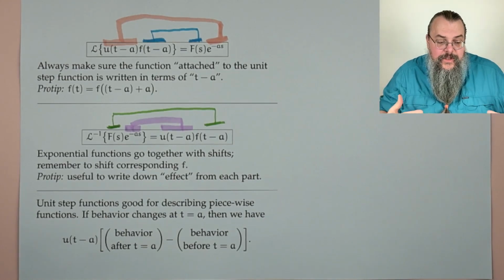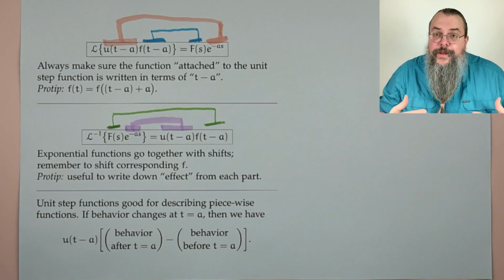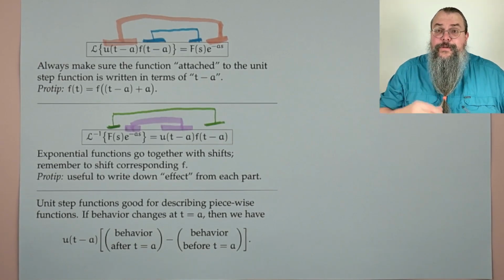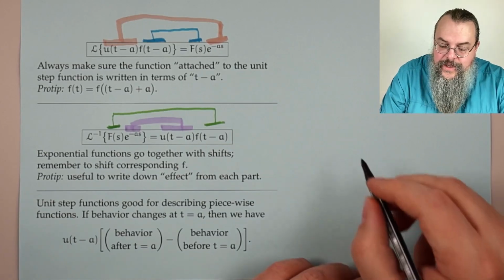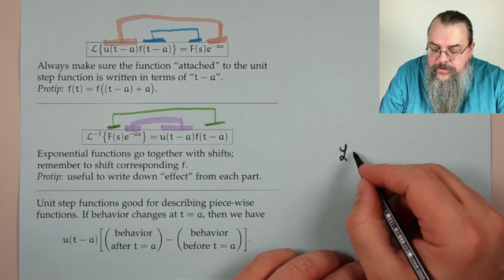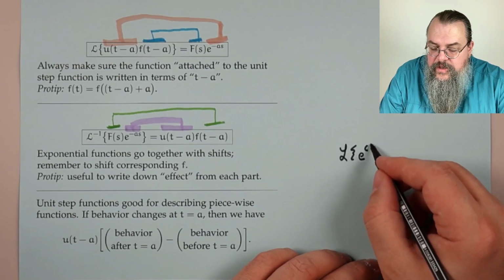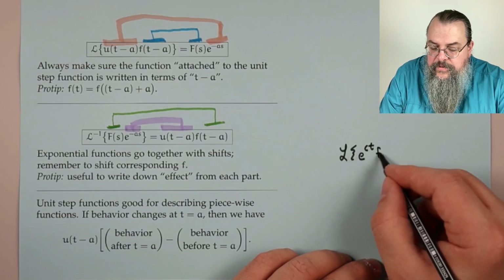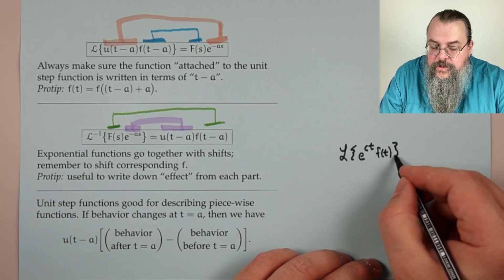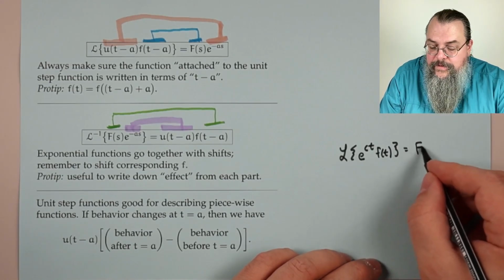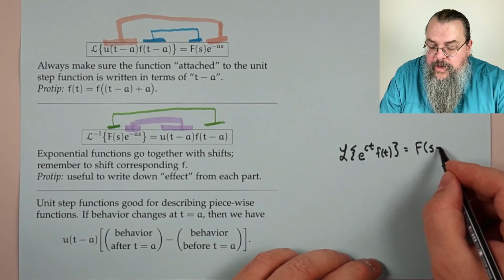Now, I like to look at these rules here and think back. There was another rule, one of our first rules we talked about, and that was that the Laplace transform, when we had an exponential e to the ct f of t, do you remember what that was? That became F of s minus c.